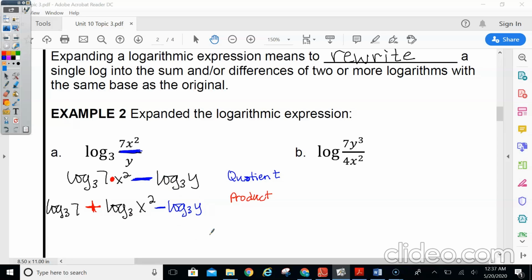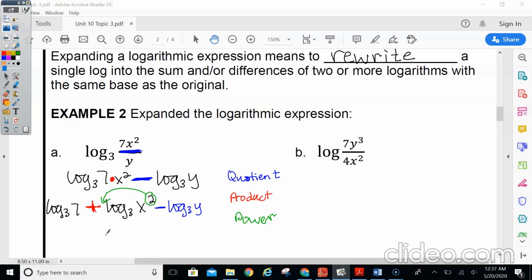Okay, we're almost done. You can only have one argument inside the log. So here, that squared, we're going to use the power property. Oops, that is not how you spell power. So power property, and take that exponent and multiply it to the front of its log.